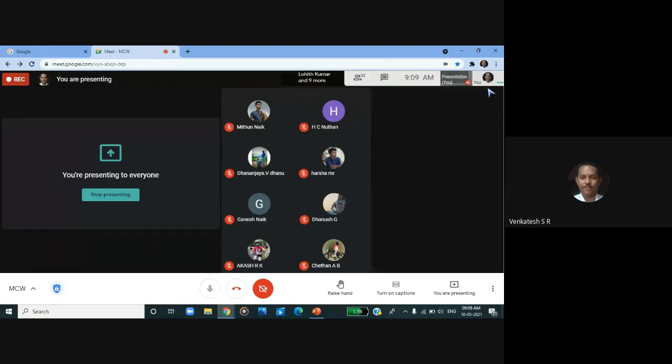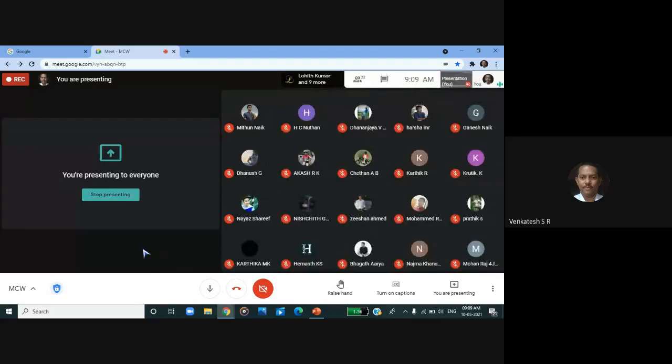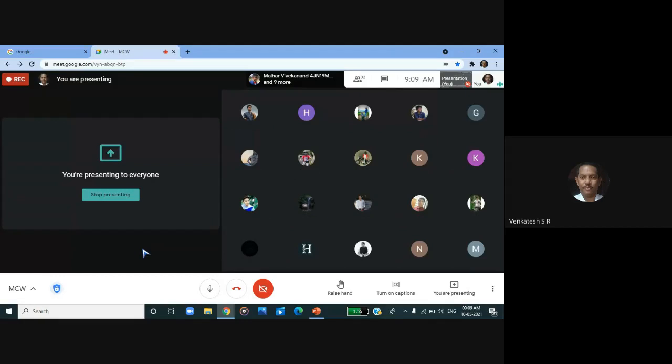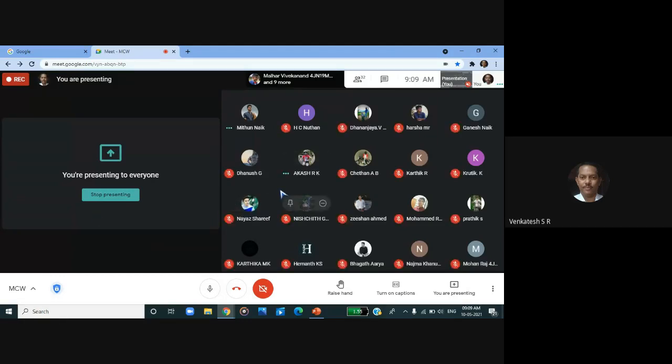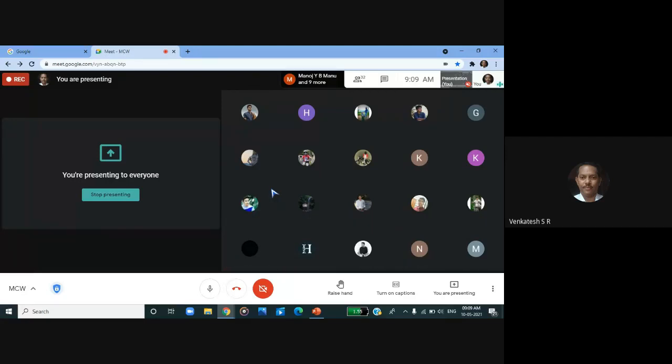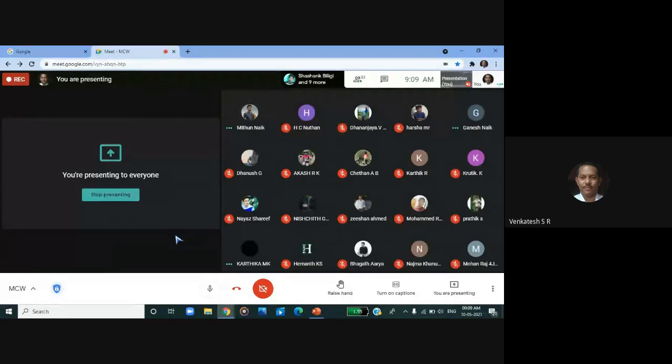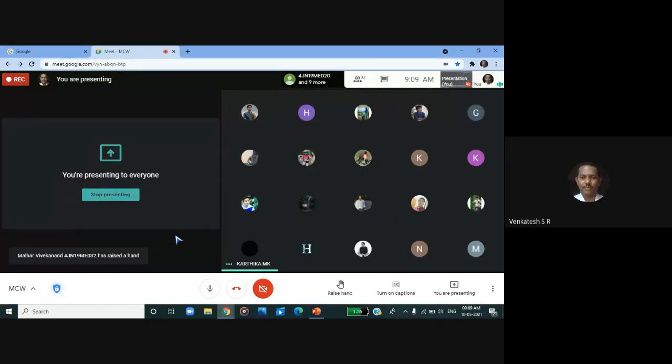Now, all of you, unmute yourself and promise me by raising your hand. This is the promise note. Because you are responsible citizens of Shimoga, responsible students of JNC. Please promise me, raise your hand and tell me.